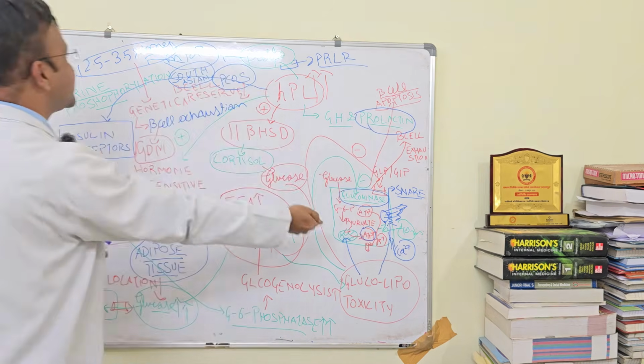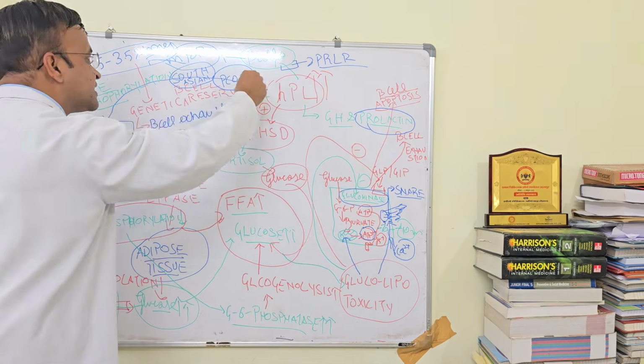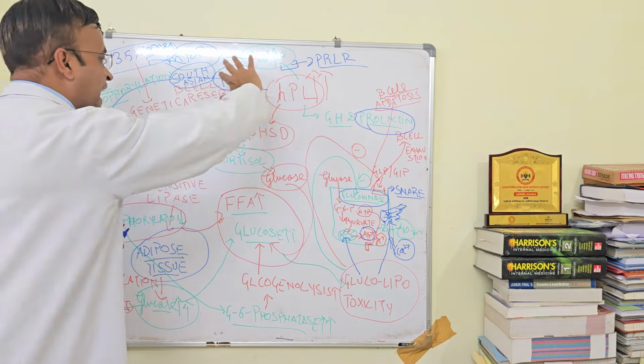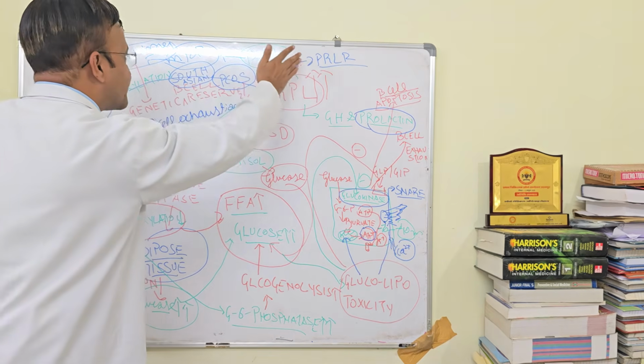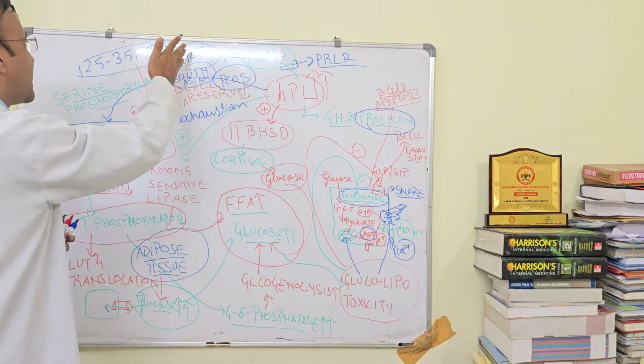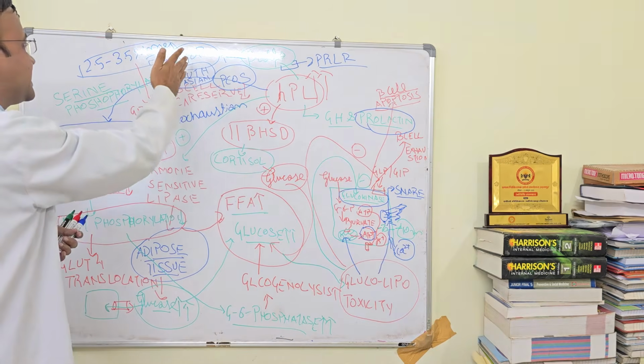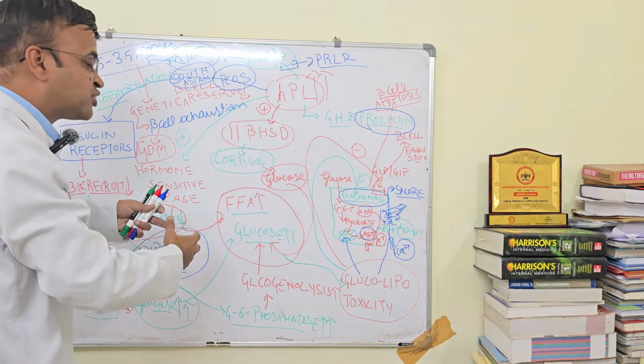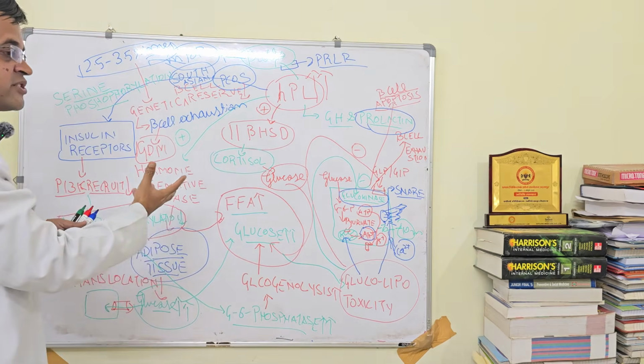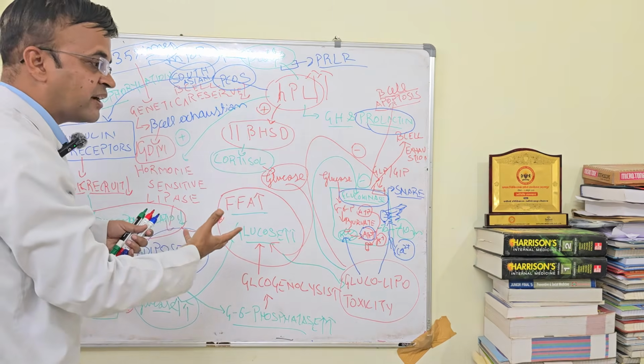But HPL, when it acts directly on the beta cells, acts via the prolactin receptors. It stimulates the mTOR pathway, and it leads to proliferation of the beta cells almost 2.5 to 3.5 times.